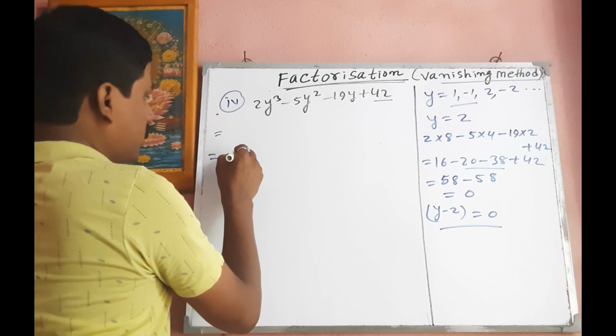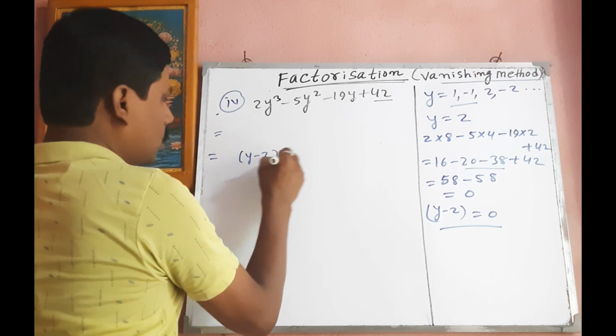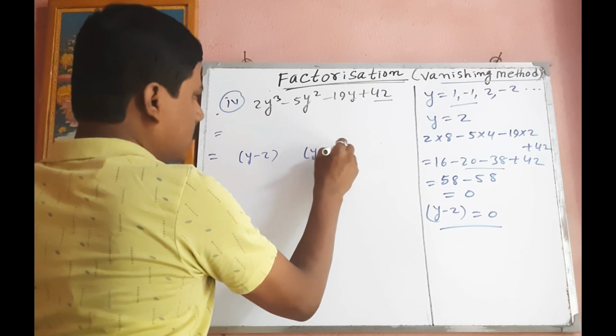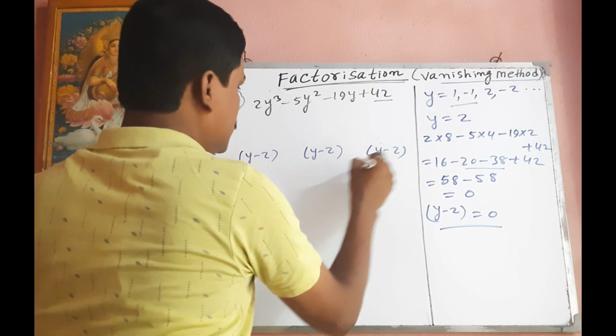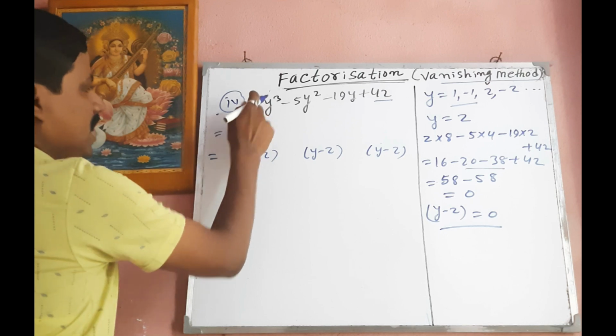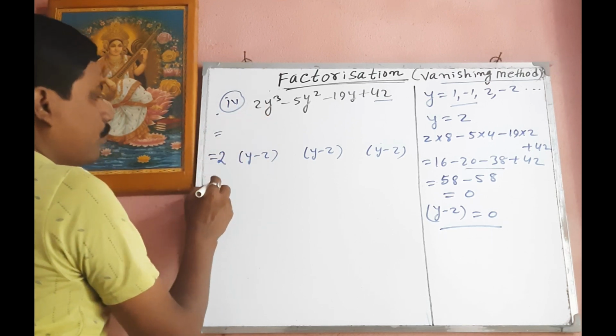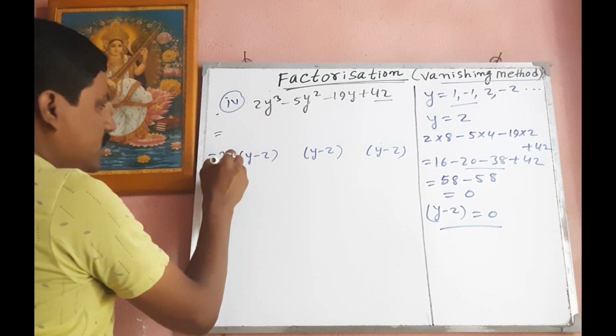In the third line we are putting here y minus 2, 3 times, and in the second line 2 is there, so we have to put here 2 and y square is there.